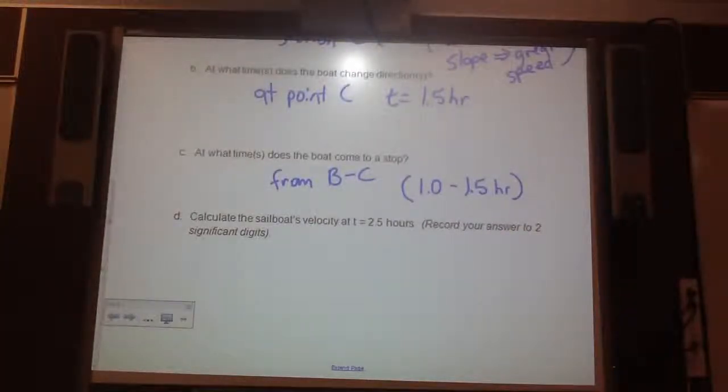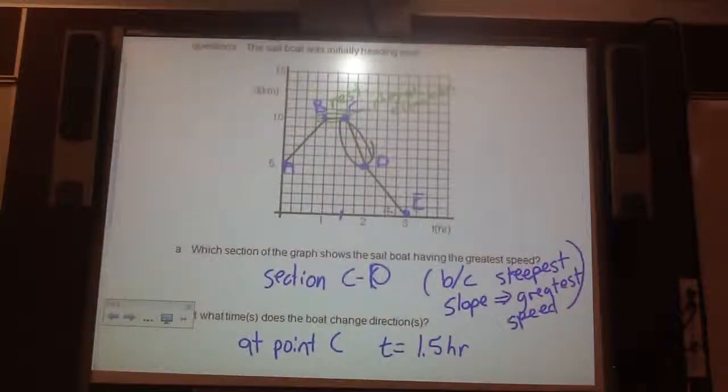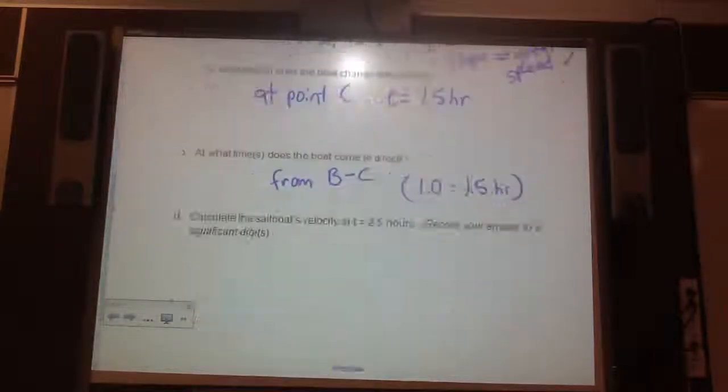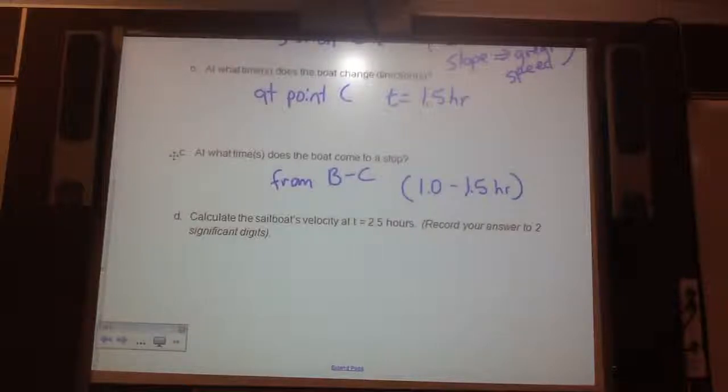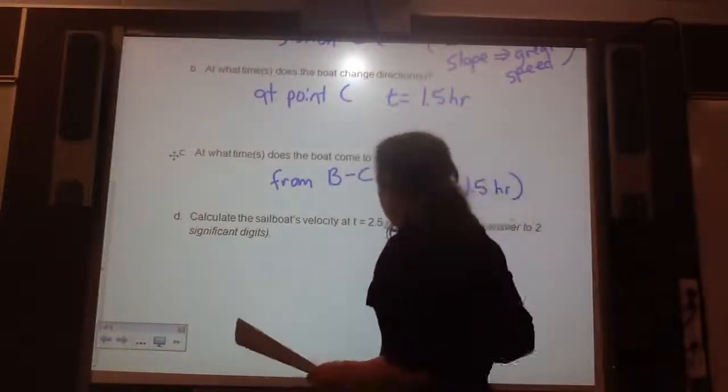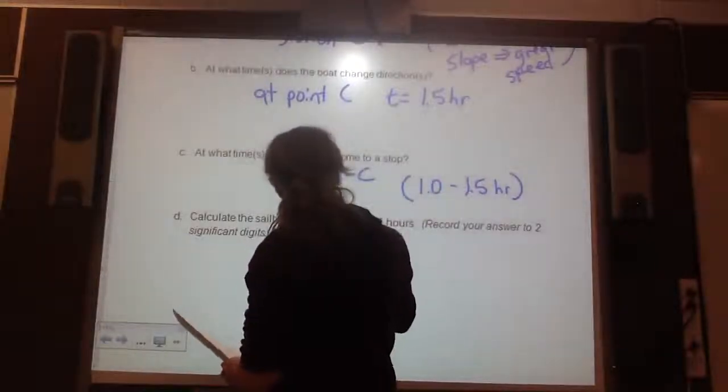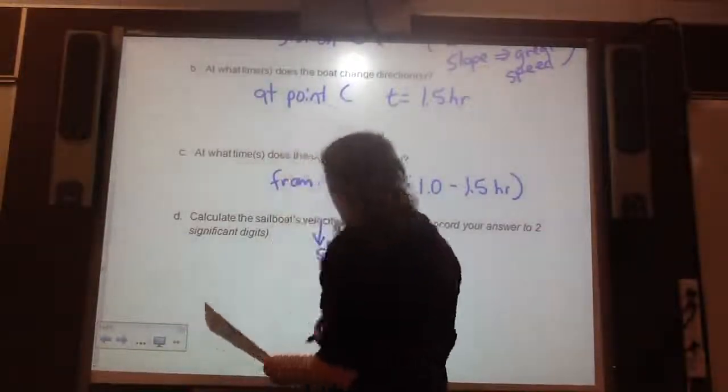At 2.5 hours, that's on this line, okay? From in between D to E. That's where we're looking. So what I need to find is my slope. Okay?